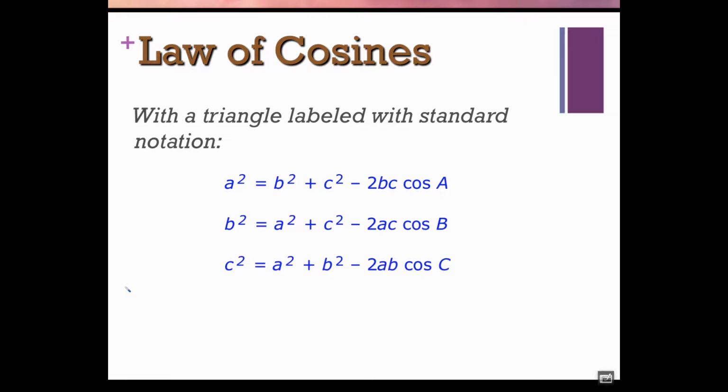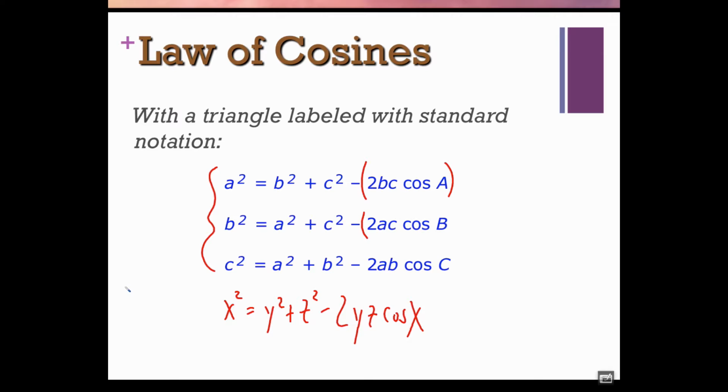So if I wanted to use the law of cosines to find side x in a triangle that has x, y, and z, I would just do x squared is equal to y squared plus z squared minus 2 times y times z times the cosine of x. If you want to write down all 3 of those, go ahead, but realize they're the exact same thing. Also, while you're writing it down, I should have included this, but you would probably want to put these in parentheses. You'll see why in a couple minutes.